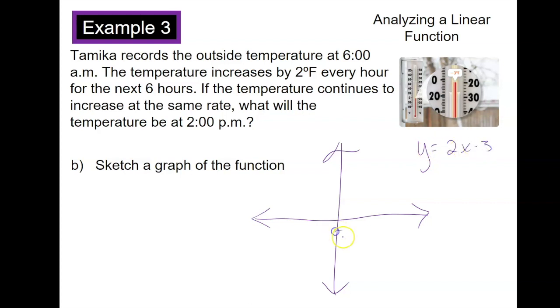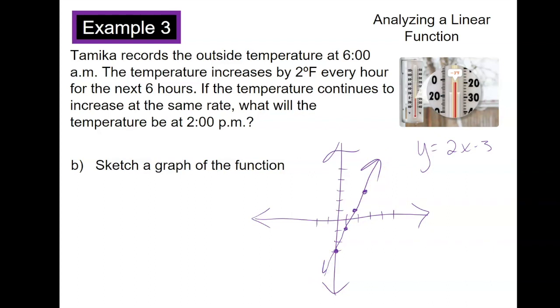I know that I'm going to be starting here at -3. From there, I have a slope of +2, so I'm going up 2 over 1, up 2 over 1, up 2 over 1, and you can see the pattern there. There's a quick little sketch.